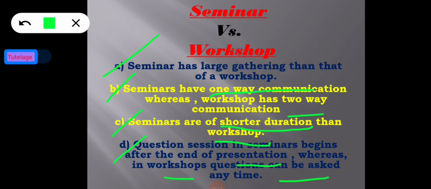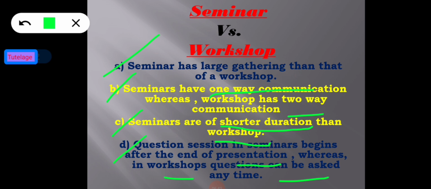I think this is clear. And workshops obviously tend to be more expensive and difficult to manage than seminars due to the practical work or exercises in a workshop. I think this is clear what is a seminar and what is a workshop, and what are the basic similarities and dissimilarities between them.